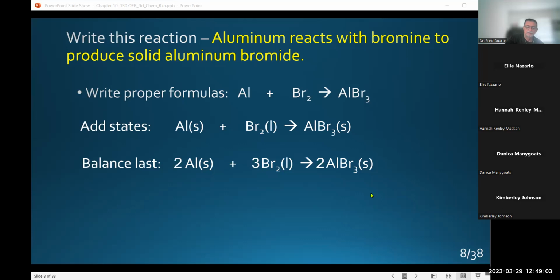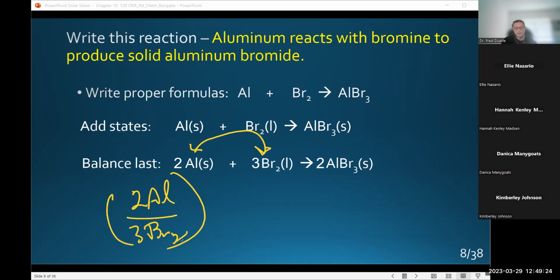Now you can see the ratio, in this case, between reactants is not a straightforward 1-to-1 or a 1-to-2 or anything like that. It is a 2-to-3 scenario. So this ratio is 2 aluminum to 3 bromines, or inverted, 3 bromines to 2 aluminums.